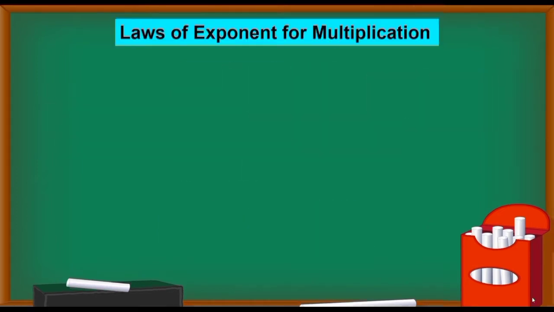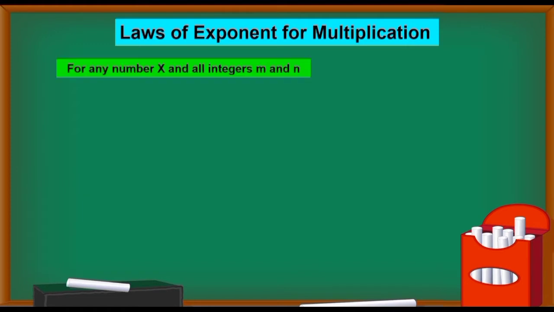So, let us have laws of exponent for multiplication. For any number x and all integers m and n. Kahit anong value ng ating x ay ina-apply po natin, and ang integers natin ay nagsisymbol ng m and n. So, for example, x raised to m times x raised to n would be equal to x raised to m plus n.